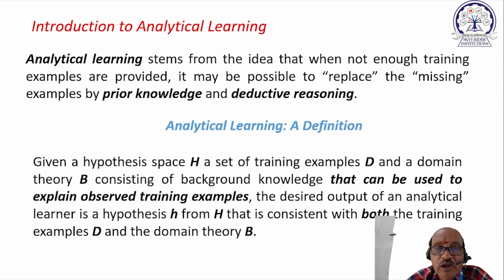That means the domain background knowledge B, training examples D and hypothesis H. So totally H, B, D. The relation between these three combinations can be used to explain observed training examples. The desired output of an analytical learner is the hypothesis. Now we have to extract a small h from capital H, a hypothesis that is consistent with both the training examples D and the domain theory B.